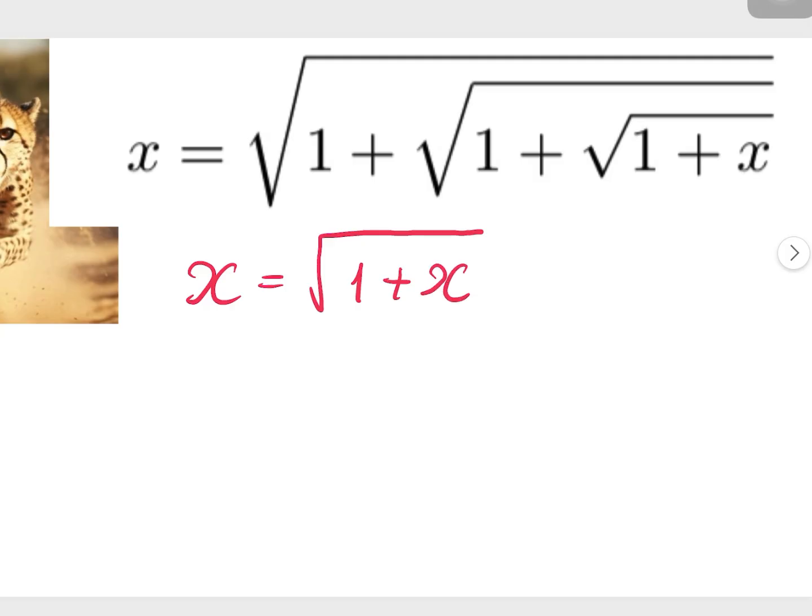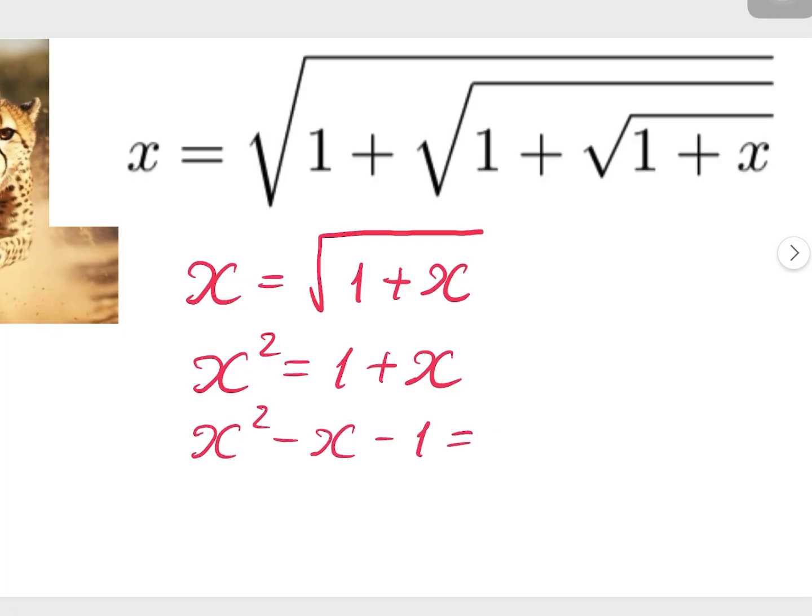How to solve this equation? We square both parts, so it will be x squared equals 1 plus x. Then move all the terms into the left side. So I will have x squared minus x minus 1 equals 0.